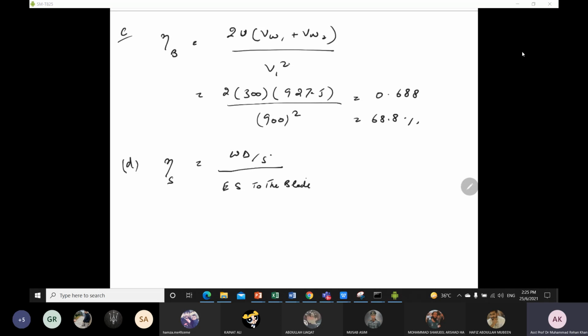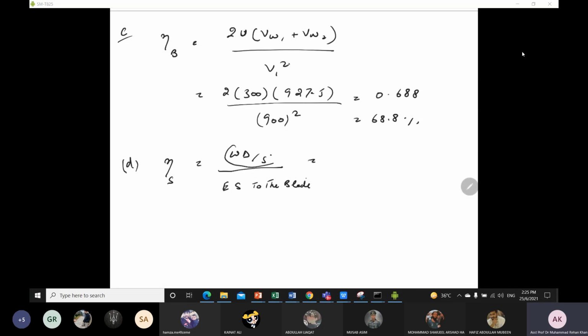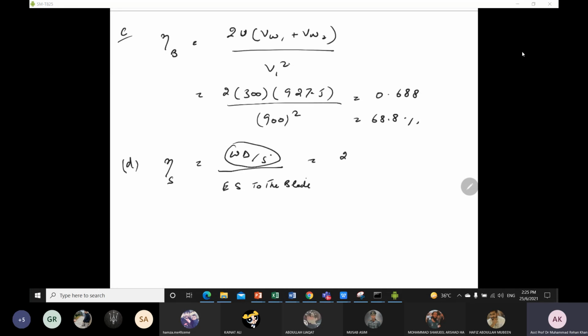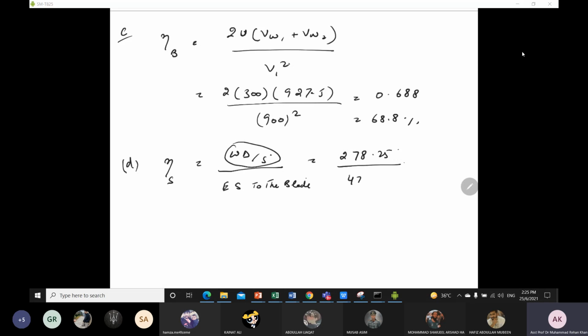If you notice from the problem statement, the value of energy supplied to the blade is given to us. So simply you have to put the value, because this parameter we have already defined in part B, which is the power. Its value is 278.25 divided by the energy supplied to the blade, which is 470.